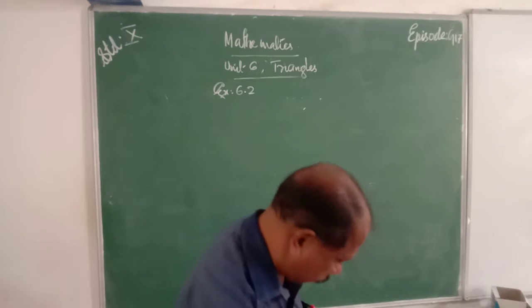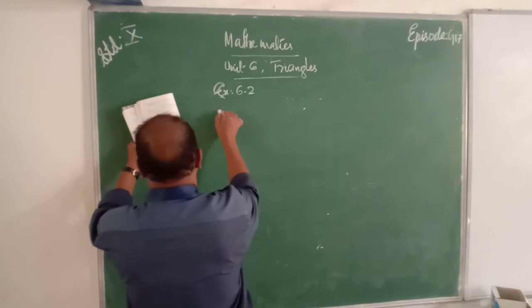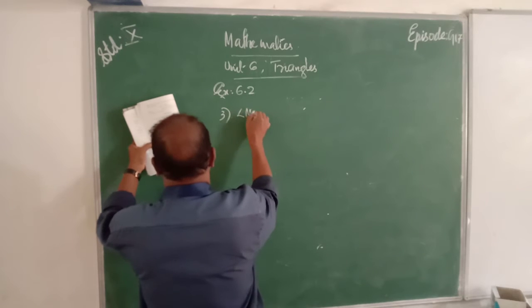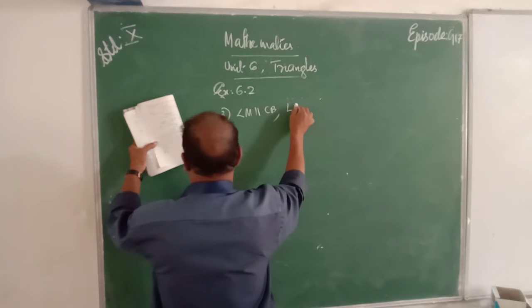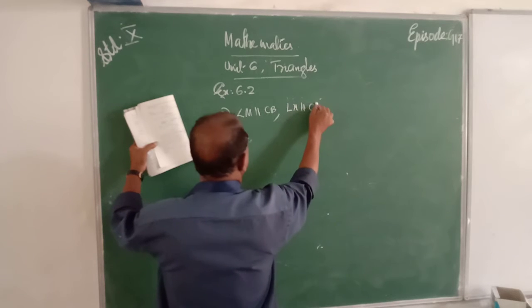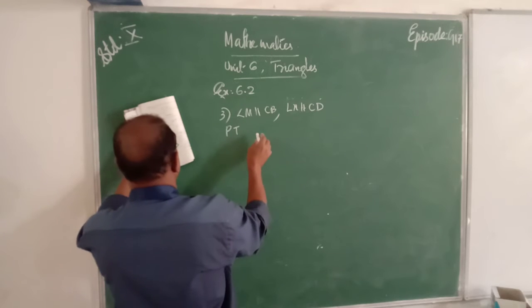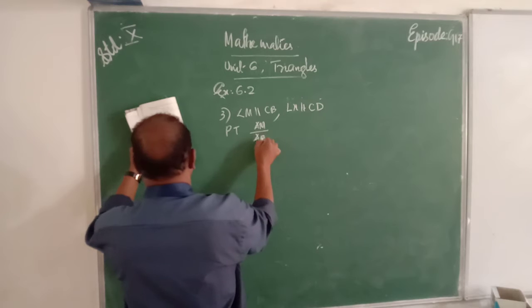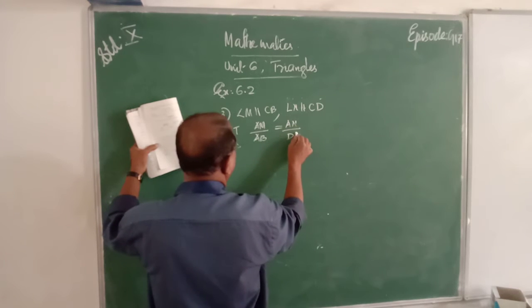Then question number 3. LM parallel to CD. Prove that AM by AB is equal to AN by AD.